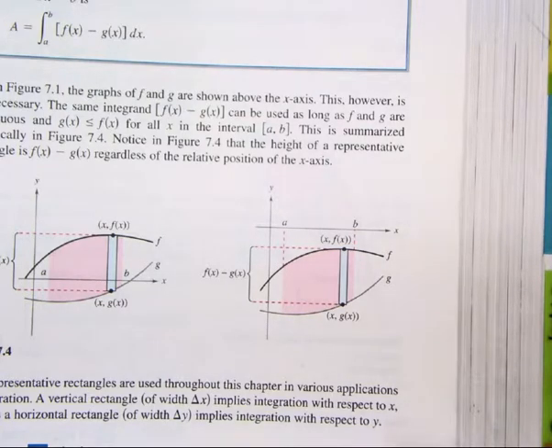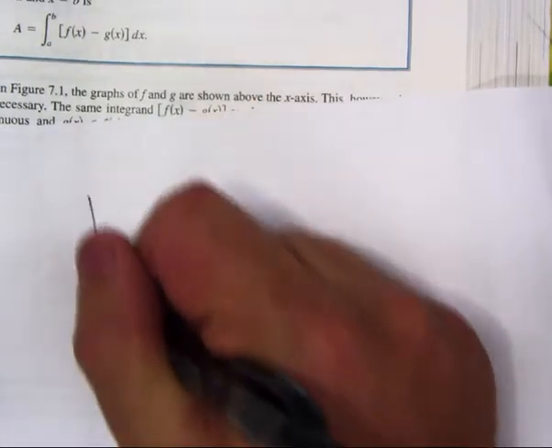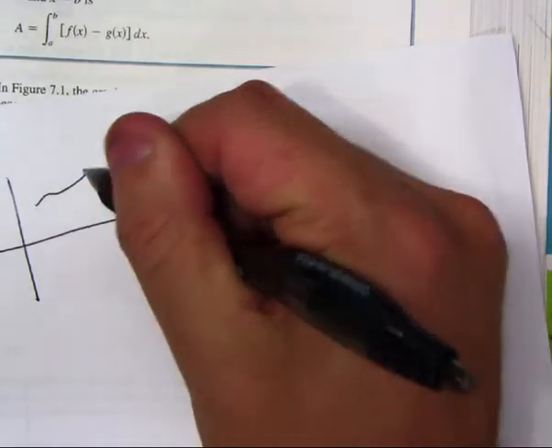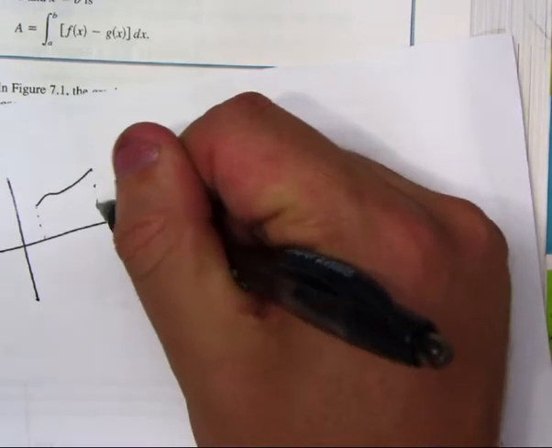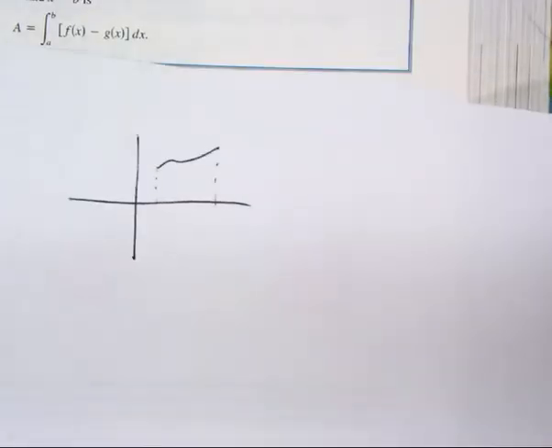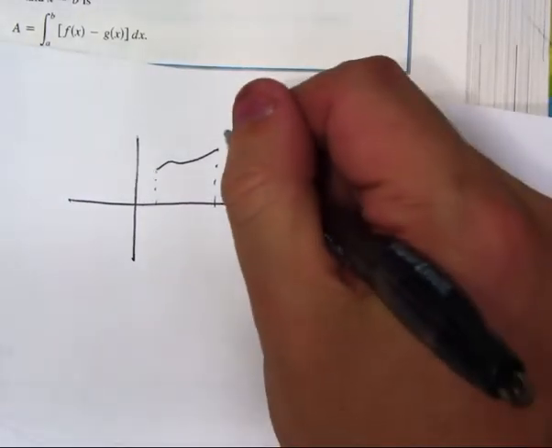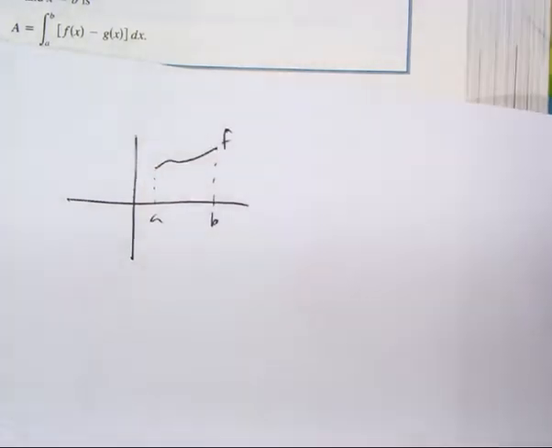So that's not really something we need to keep in mind. And like I said, we've basically been doing this every single time anyway. When we integrate, think about what we're doing. If I have some function and I'm trying to find the area under that curve, we're just integrating this function from a to b. What we're actually doing is subtracting two functions.